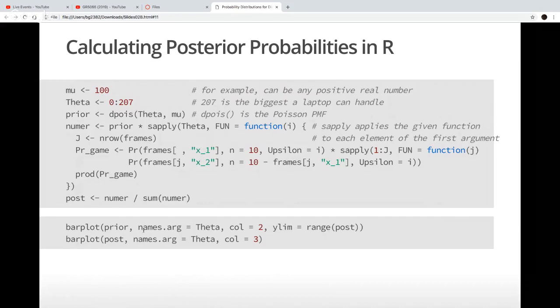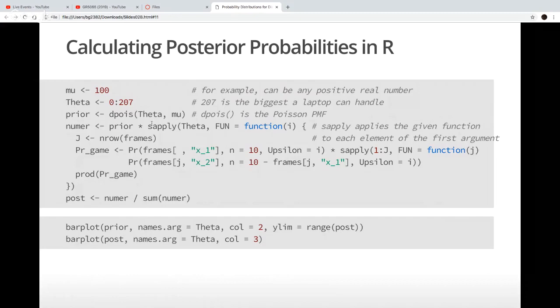And the probability mass functions in R all start with the letter D for reasons that might become clear later, eventually, not today. Anyway, that's our prior probabilities. And then we just have to multiply that by the probability of the data given upsilon for each of those 208 values of theta in order to get the numerator of Bayes' rule.